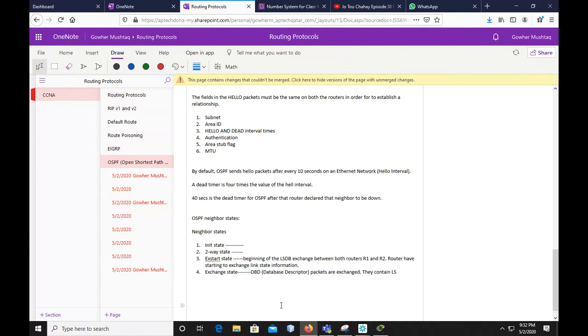They contain LSA headers, that's link state advertisement headers. So routers will use this information to see what LSAs need to be exchanged.